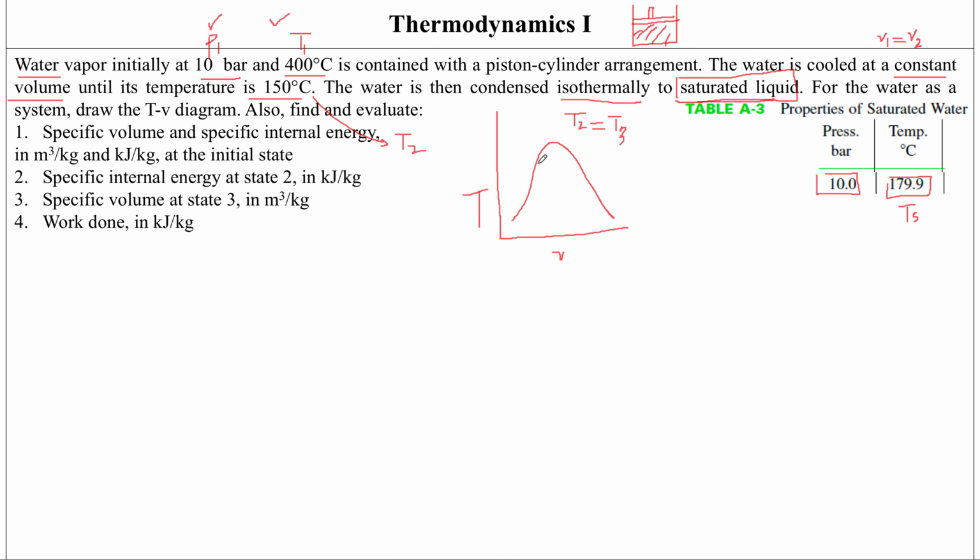Okay, so what is the saturation temperature? If my state was in the dome anywhere, then it would be on this straight line, because this is what is called Ts, the saturation temperature. And Ts is going to be moving on from the saturated liquid line until the saturated vapor line.